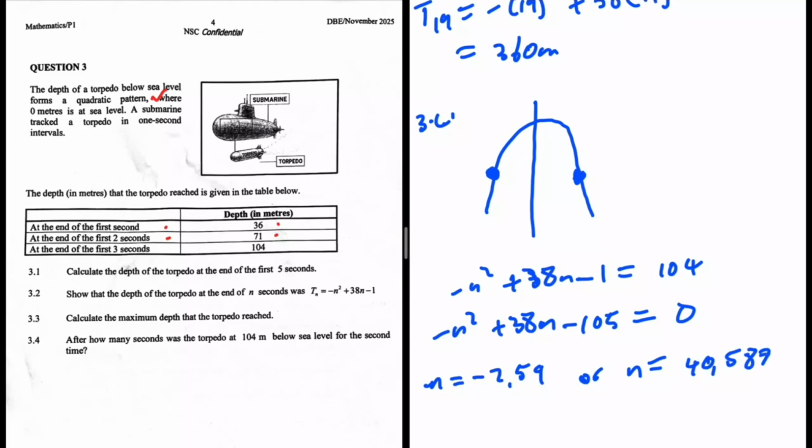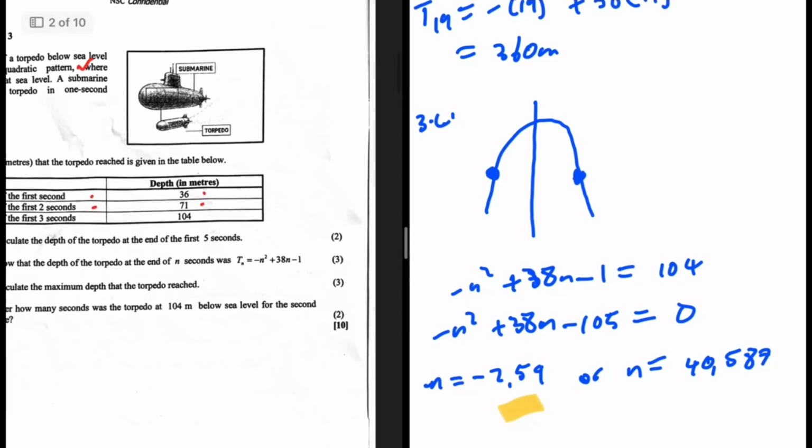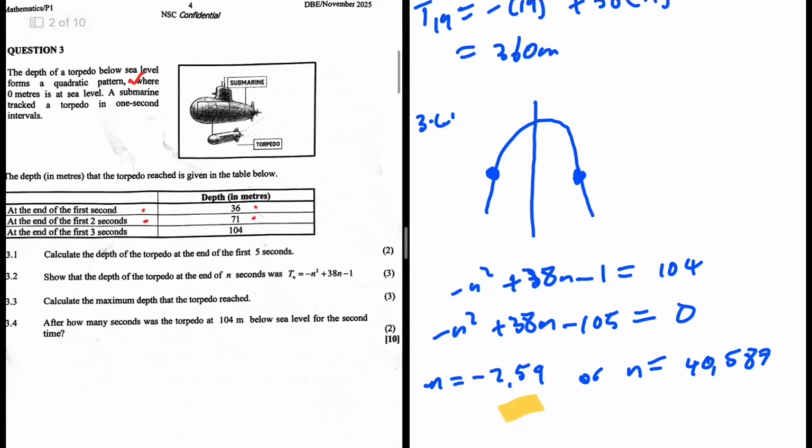I don't like that one of my answers is negative, because n is the position. Well, in this instance, n is time. So how can time be negative? Therefore, how many marks? 2 marks. It's not even a lot of marks. So what is happening here?